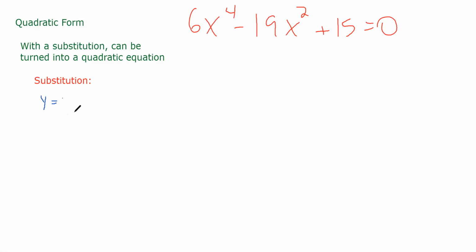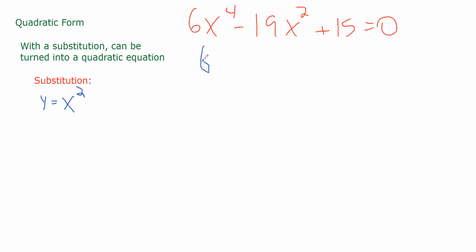We're going to say let y be equal to x squared. Why should we do that, Josh? Well, because then when we come back over here, we're going to see that this can be rewritten in terms of y, and then it's going to look like a quadratic equation.